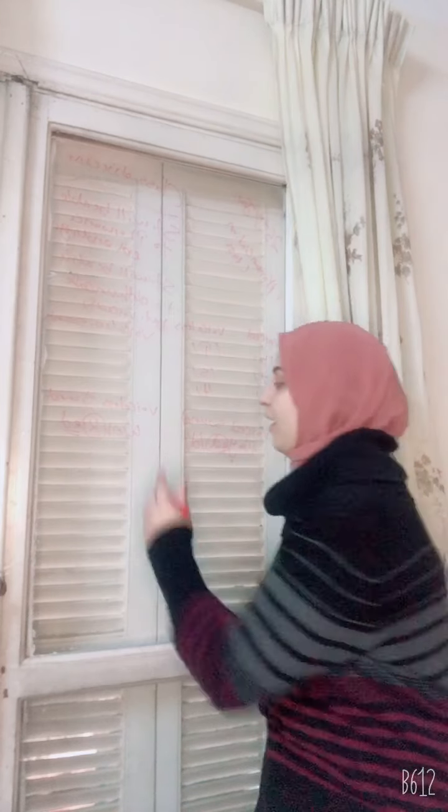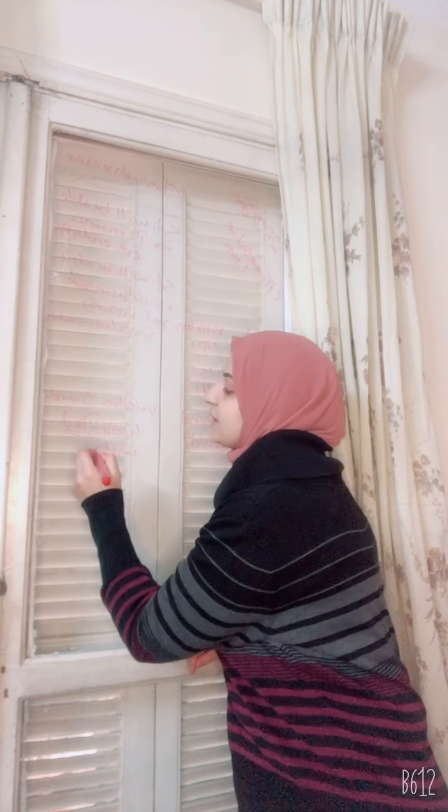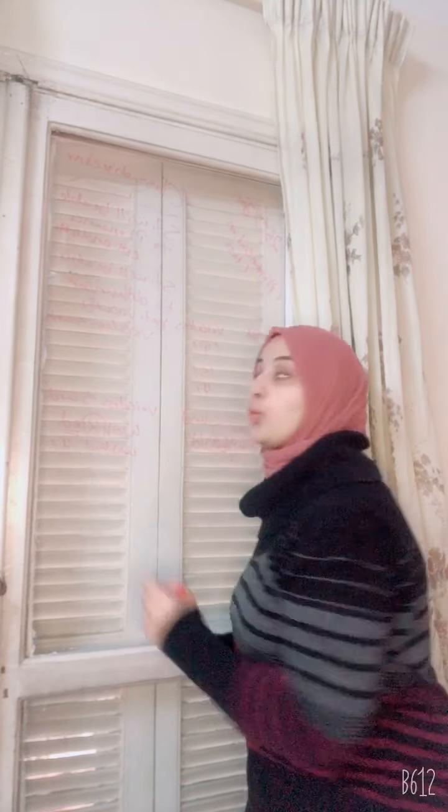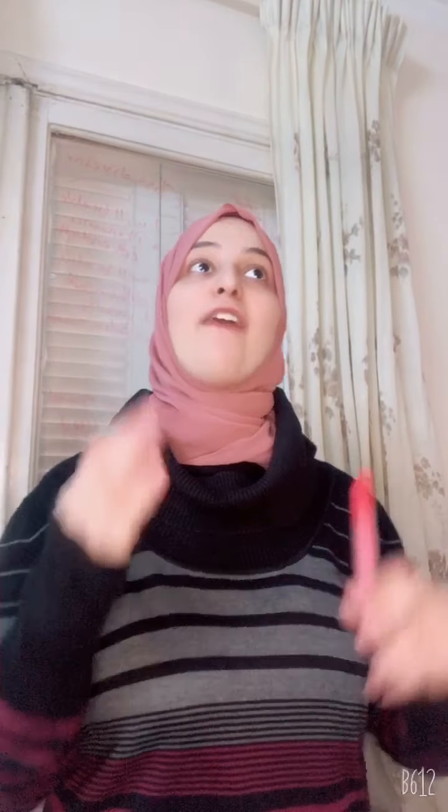Like for example, I say worked, worked, worked. Not work-ed. The rule again. If I have a voiceless sound before ed, I pronounce it as t. Thank you. If I have a voiced sound and I have ed, ed is pronounced as d.